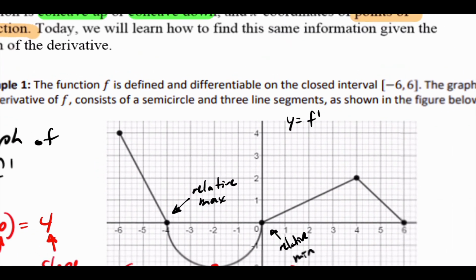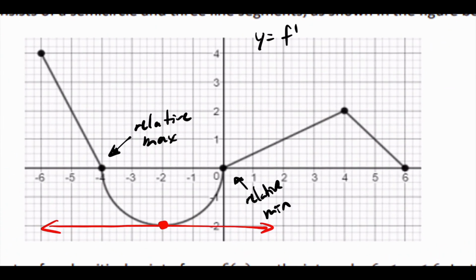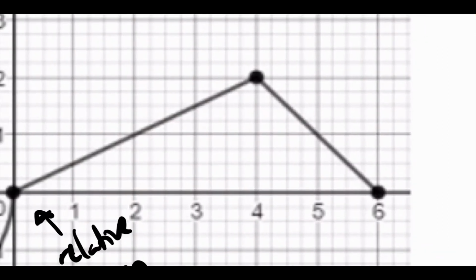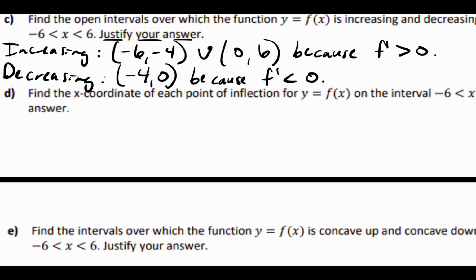That doesn't contradict anything they've told us, because they said the original is defined everywhere and differentiable everywhere. Otherwise there would be asymptotes or a hole. But what's not differentiable is f prime. So f double prime of 4 does not exist. Okay? So let's go down here.